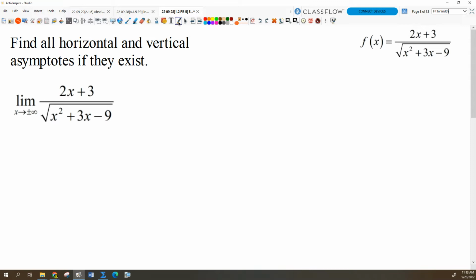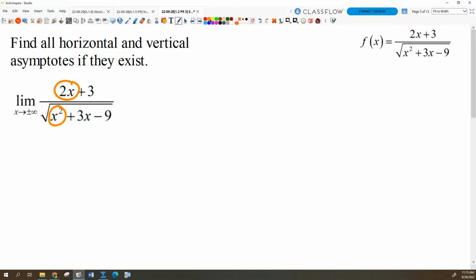As x is getting really big, we can really just forget about everything except the leading terms. We can focus on this part. And as long as we're taking a limit at infinity, we can replace this limit with the limit of the ratio of just the orange terms.